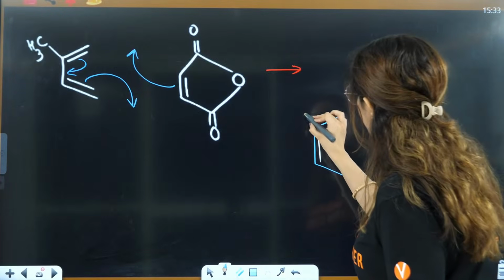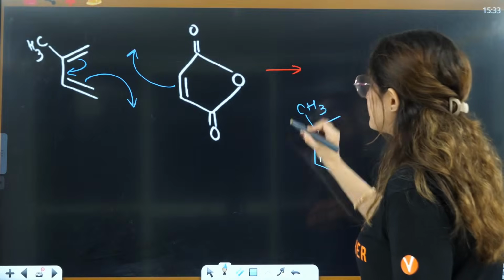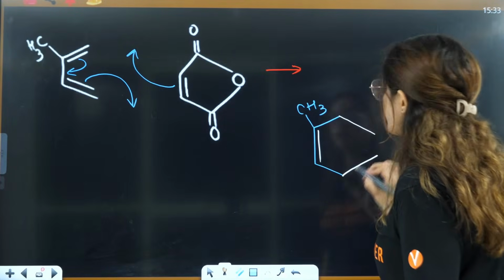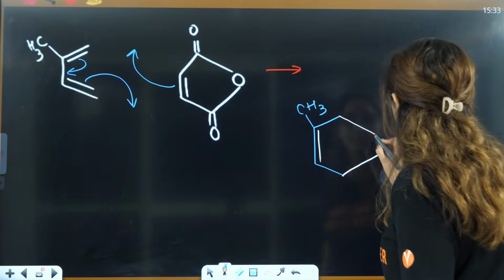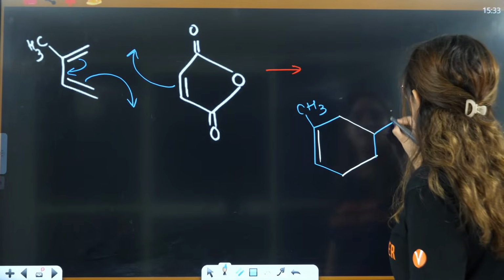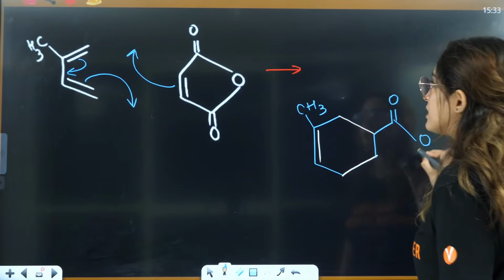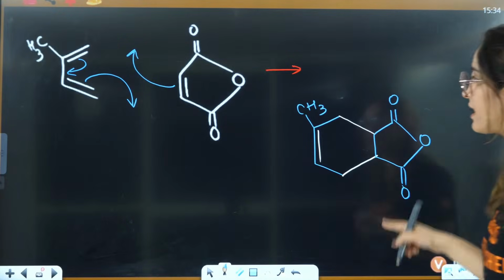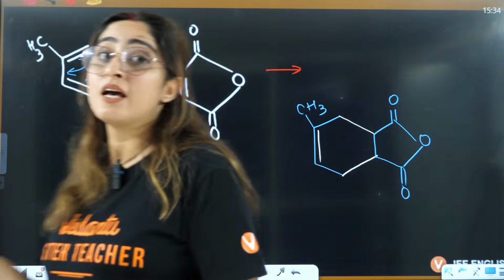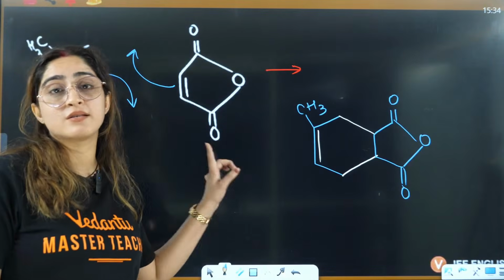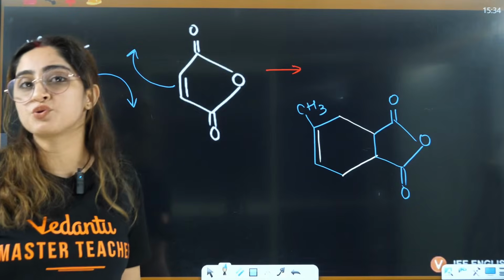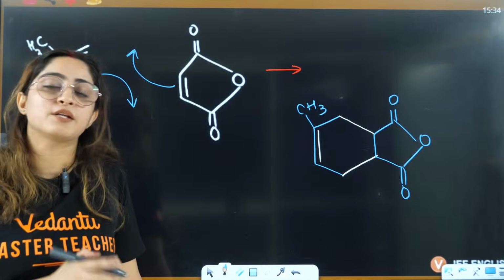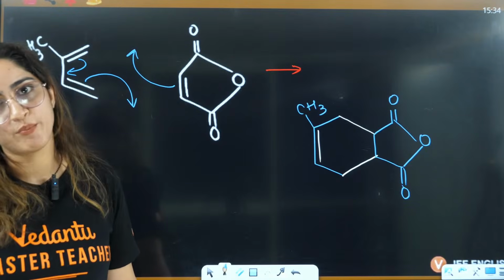Everything else is same, this is CH3, this is the new bond that you have formed, this is the new bond that you have formed, everything else is same, right? And this is double bond O, this is double bond O and O. This is from Diels-Alder reaction, and this is a very important question. This is asked in your PYQs of JEE Mains, right? This is already asked question, right? It's a very important reaction, so mark it important, right?